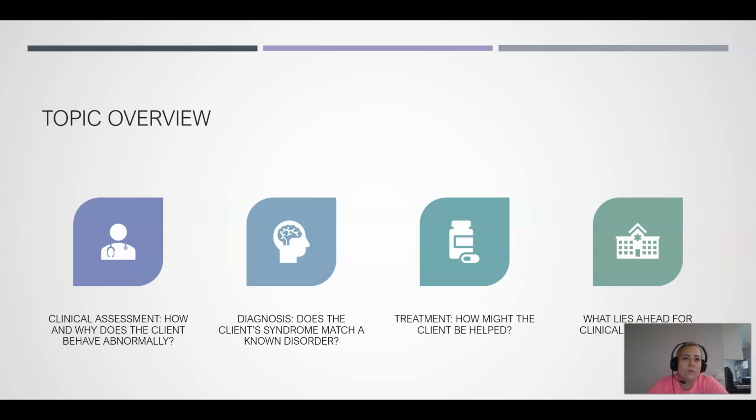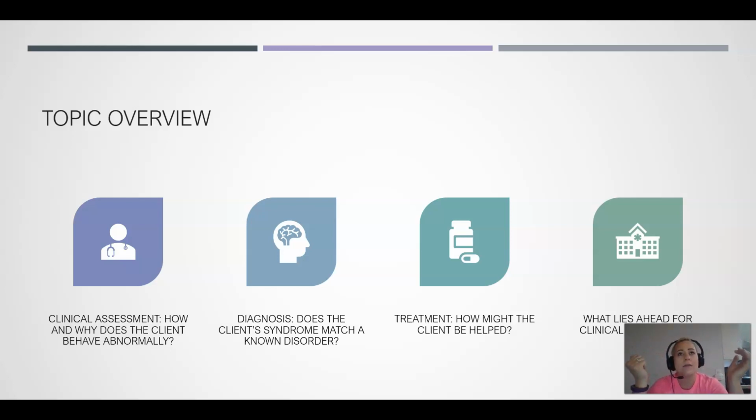Previously we talked about models of abnormality, right? How do people view psychological abnormalities? How do they treat them through their specific perspective? We're going to address that a little bit, but these topics are going to be the general overhead.